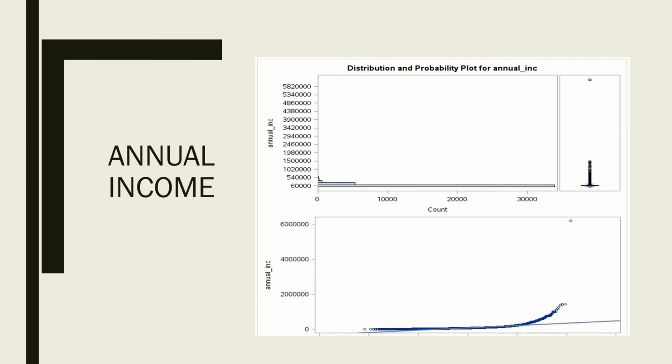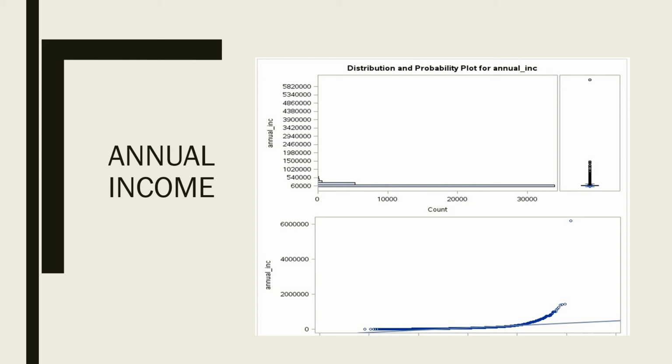So after running statistics measurement in SAS, it is found that annual income and DTI, debt to income ratio, have more than plus minus 3 values, so it is suspected to have outliers.